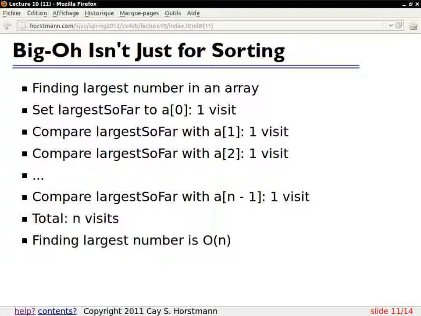Big O is for any kind of algorithm where you want to know approximately how much the time grows if the input size grows. So I'll be sprinkling in over the next few weeks a whole bunch of different big O exercises for different kinds of algorithms so that you get used to it. So it's a very important technique, and it's not just for sorting.